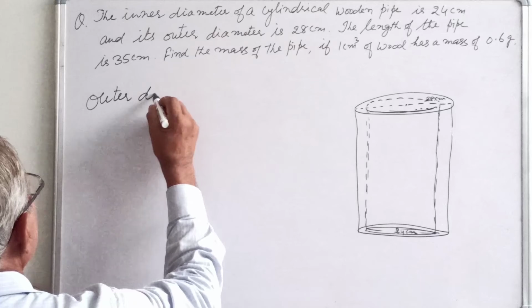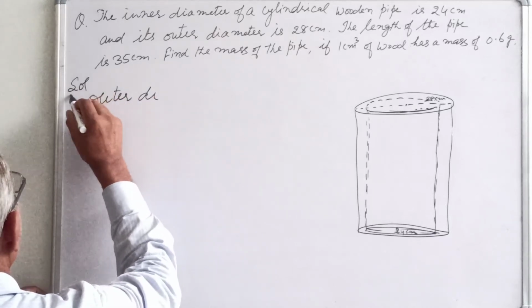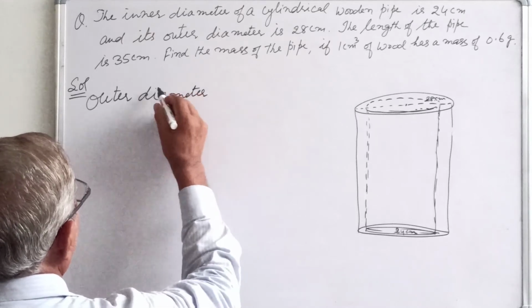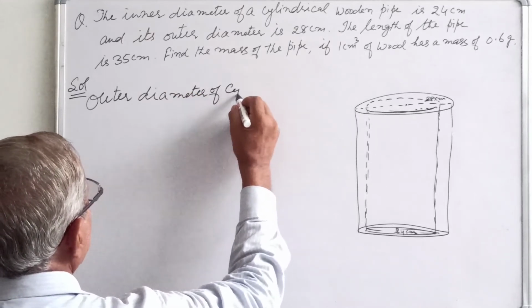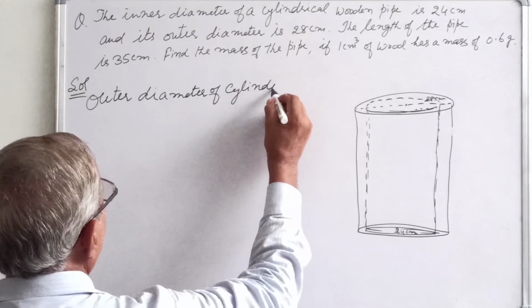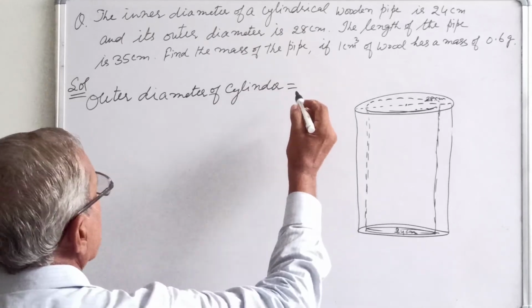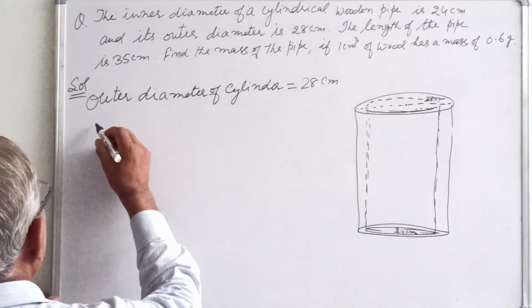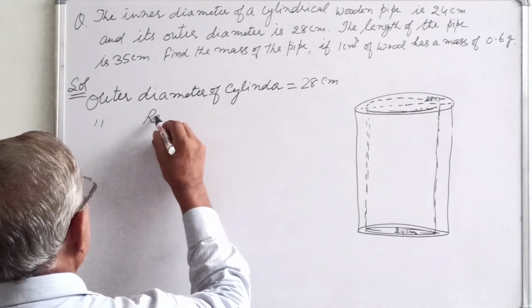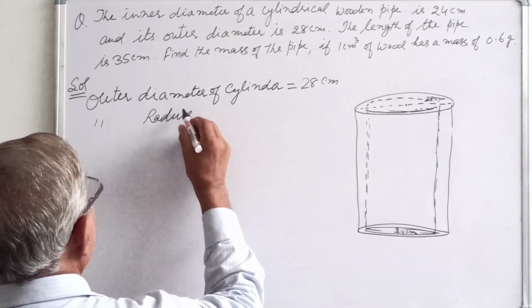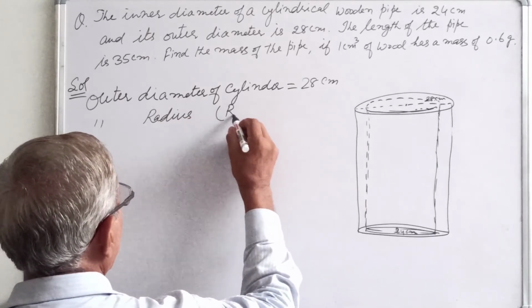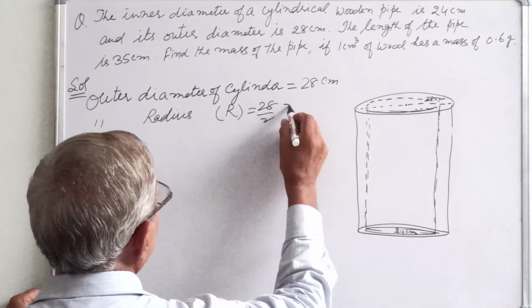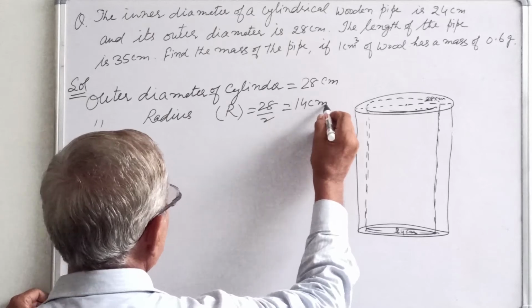Outer diameter of the cylinder is 28 centimeters. Therefore, outer radius, we are taking capital R for outer, 28 divided by 2, 14 centimeters.